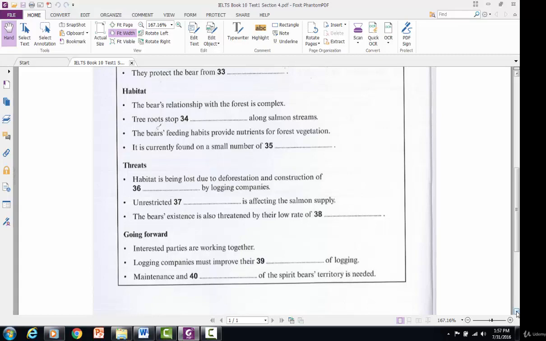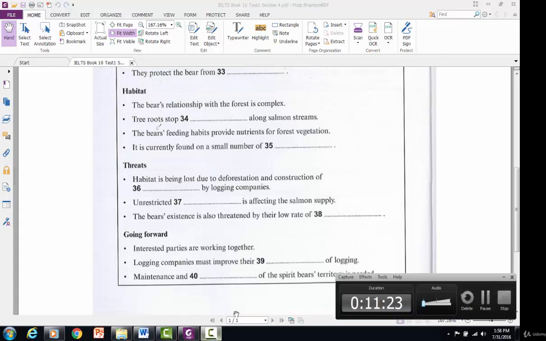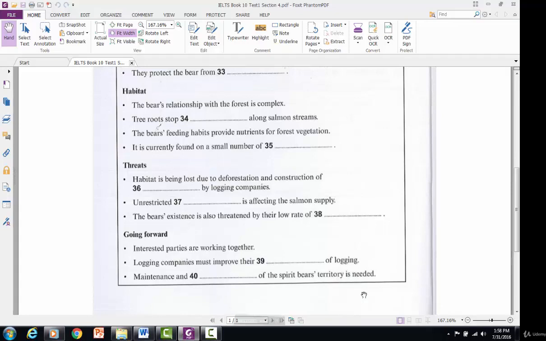However, these measures alone may not be sufficient to ensure a healthy population of the spirit bear in the future. Other steps also need to be taken. While it is important to maintain the spirit bear's habitat, there also needs to be more emphasis on its expansion. The move is justified as it will also create space for other bears that are losing their homes to damage.